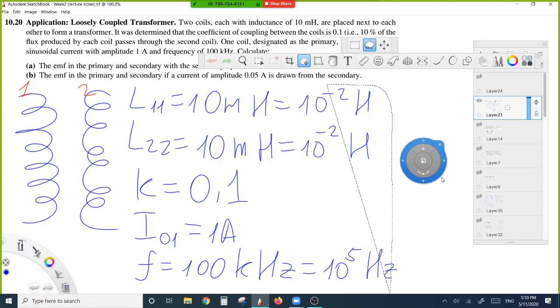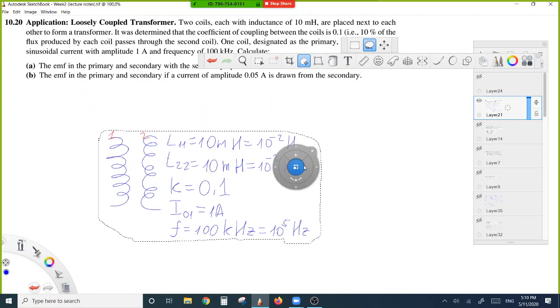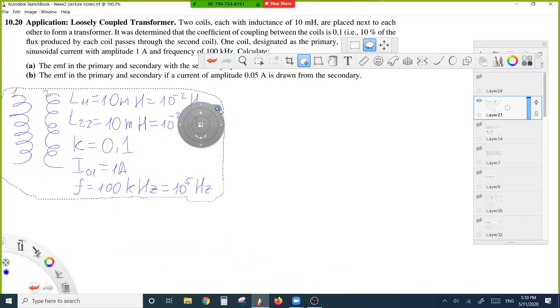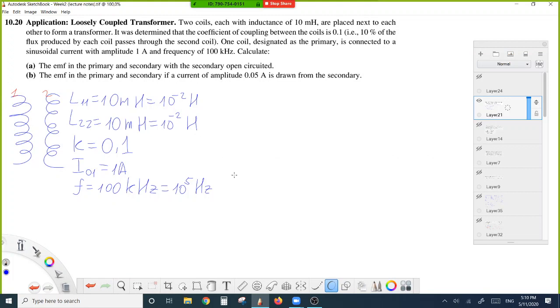So, these are given, and question A is asking: calculate the electromotive force in the primary and secondary coils with the secondary open circuit.